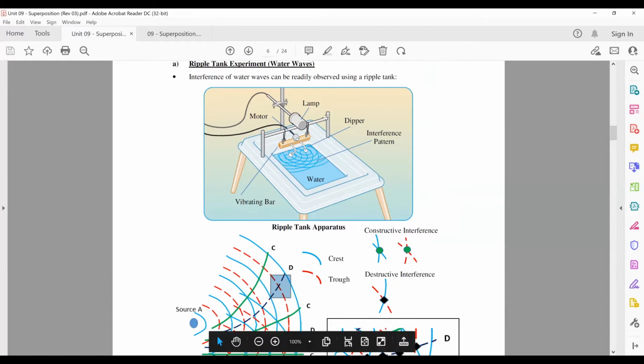Okay, so for your ripple tank, when you want to see the interference pattern like that shown inside the animation, what we'll normally tell you is that this little container that contains the water has a transparent bottom.